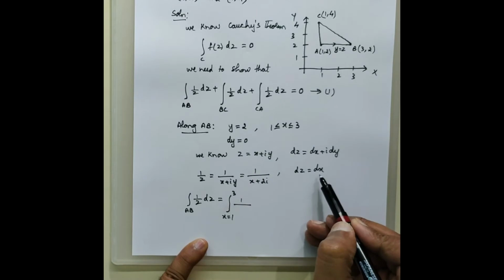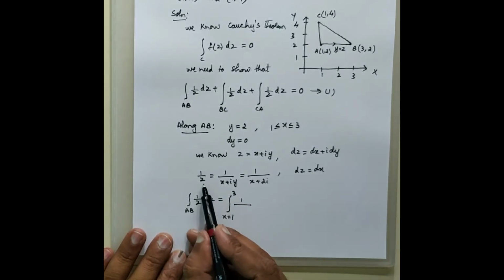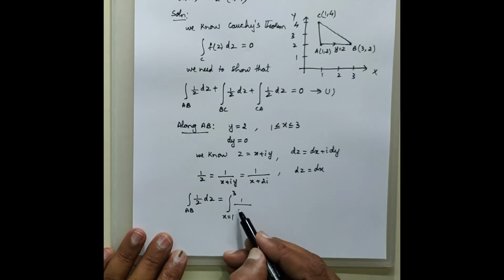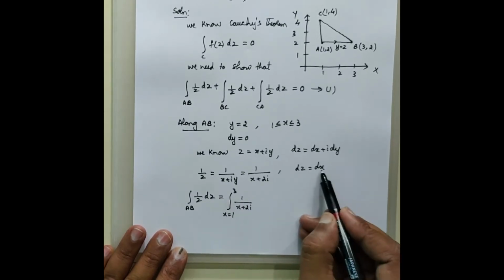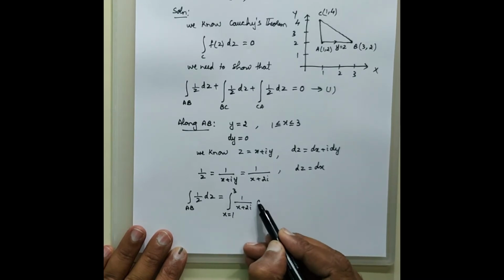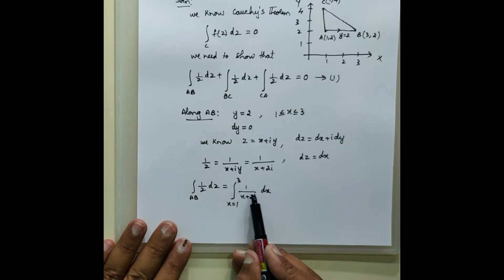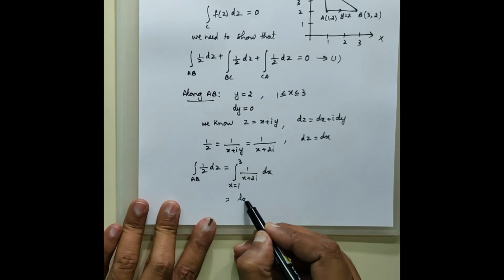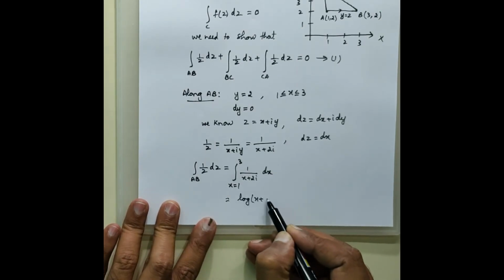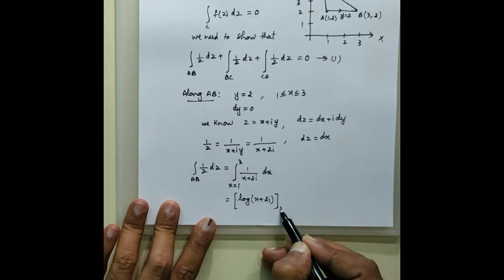So 1 by z, where z is x plus 2i, into dz, where dz is dx. Now if you try to integrate this, it is in the form of 1 by x, so the integral of 1 by x will be log of x, so it will be log of x plus 2i, and the limit values for x will be x equal to 1 to 3.